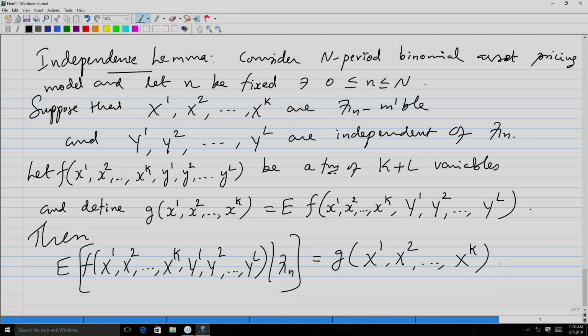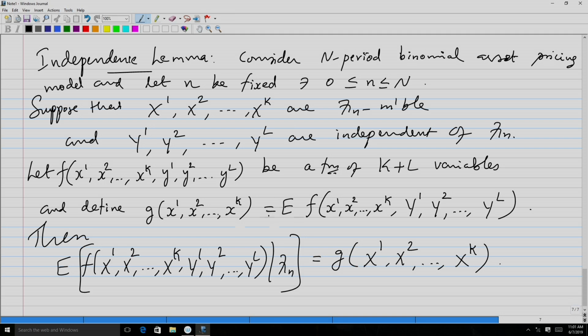And what is this function? This function is simply the expectation of this f that you have here. You keep x1, x2, xk as dummy variables, small x1, x2 and xk, keep y1 and y2 as random variables, and compute the expectation. Remember this is E, so we are talking about any general probability measure.